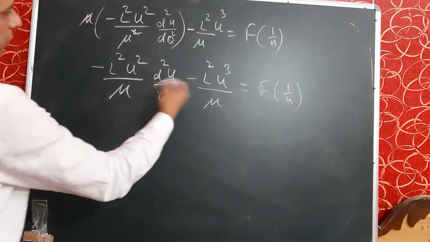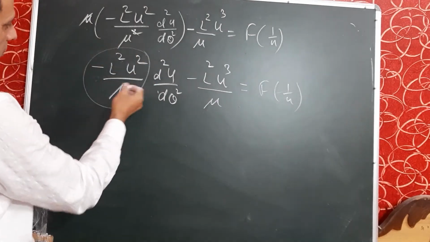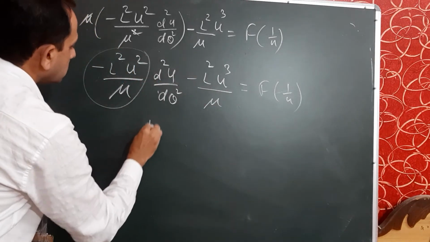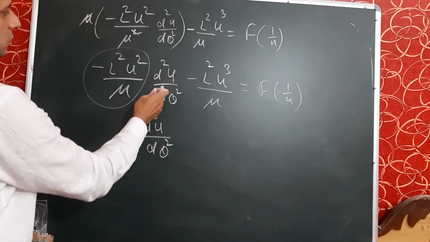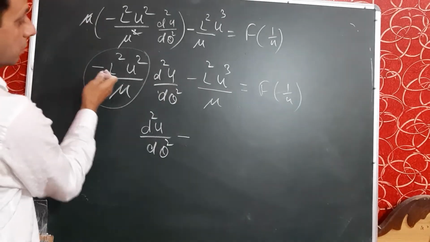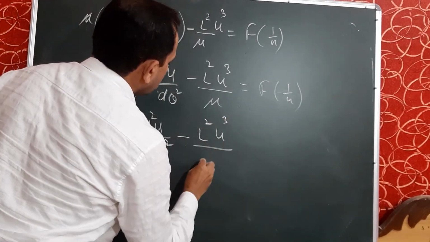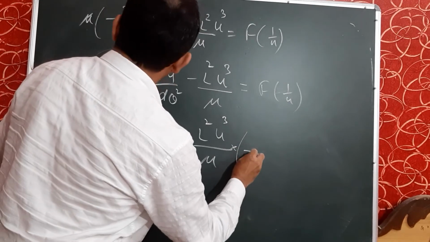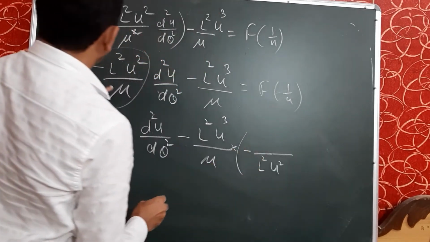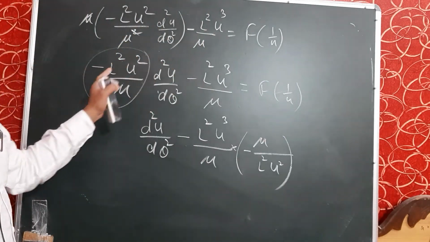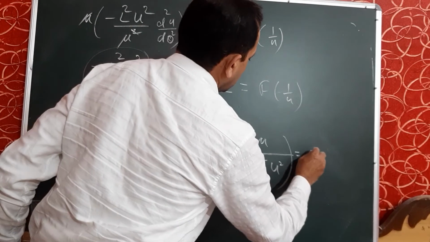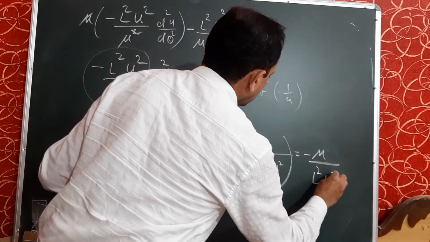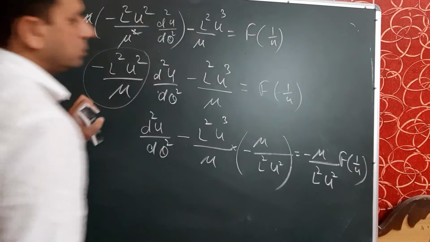Now dividing both sides by this term, because we have to make the coefficient of the second order term 1, we will get d square u upon d theta square, and minus L square u cube over mu divided by minus L square u square over mu, is equal to, again it will be minus mu over L square u square into f of 1 by u. Very clear?